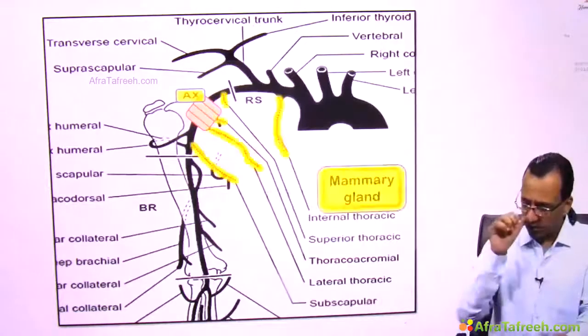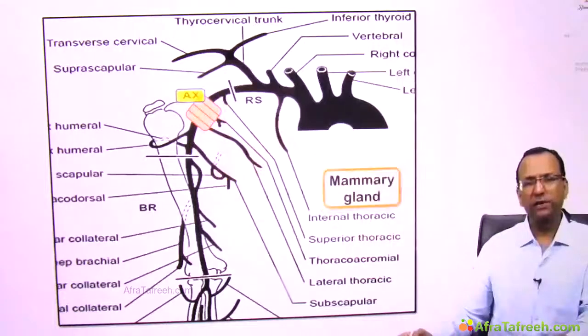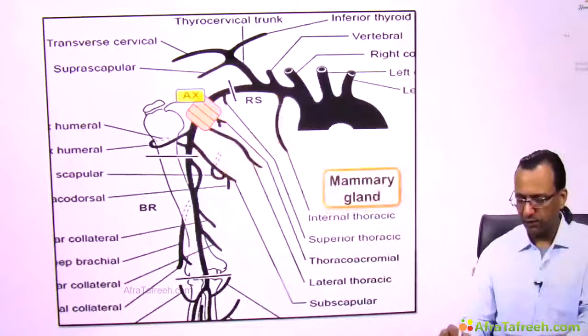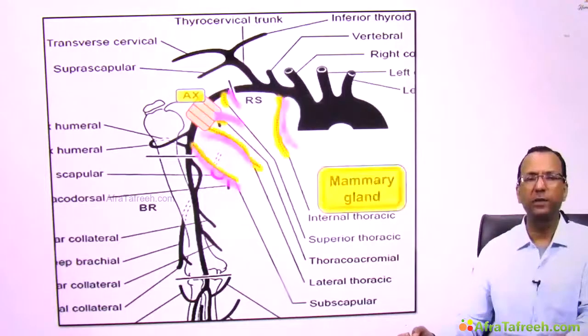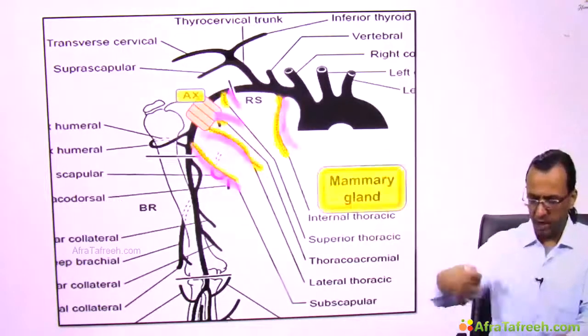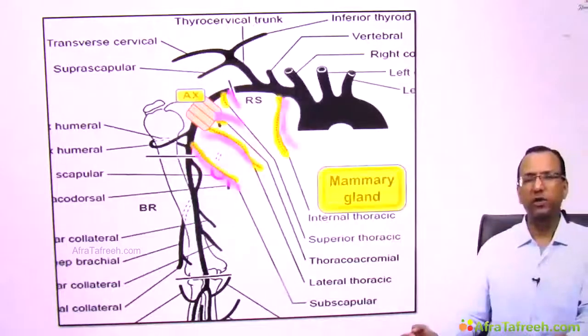All these arteries, maybe the internal thoracic artery, the superior thoracic artery, the acromiothoracic, the lateral thoracic, or the subscapular, all of them supply the mammary gland. The mammary gland is a highly vascular structure.